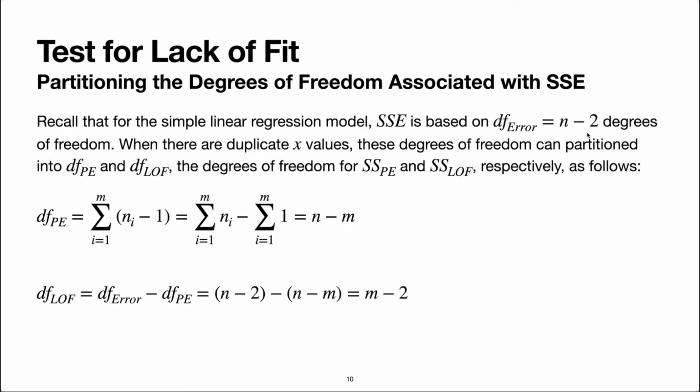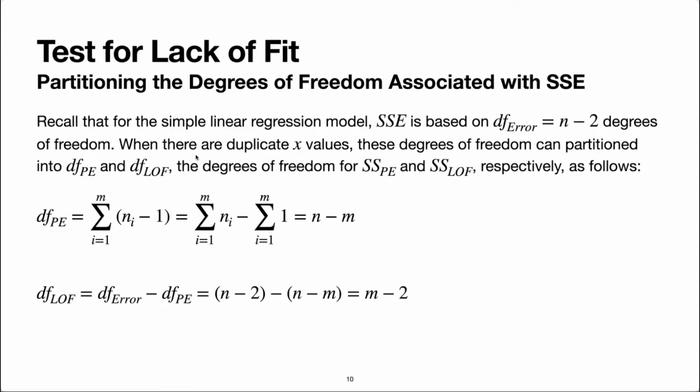And that 2, because we're dealing with the simple linear regression model, is the number of beta parameters in the model, right? We have two beta parameters, beta 0 and beta 1, and those two parameters have to be estimated. And so in estimating those, we lose 2 degrees of freedom for error. That's why in the simple linear regression model, the degrees of freedom for error are n minus 2.